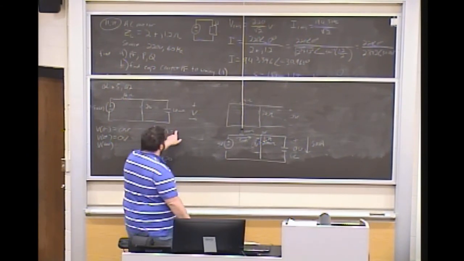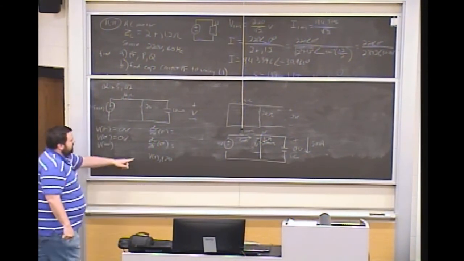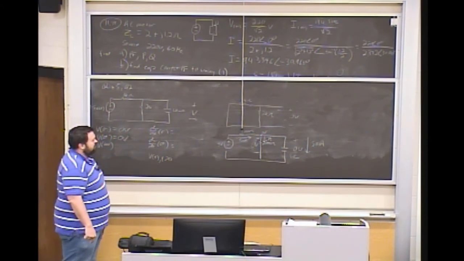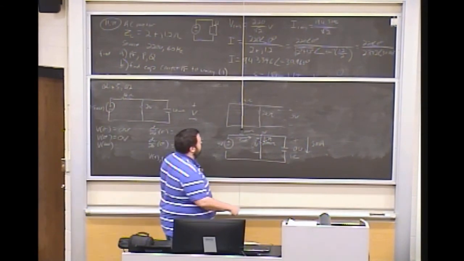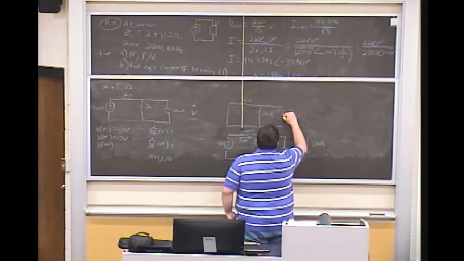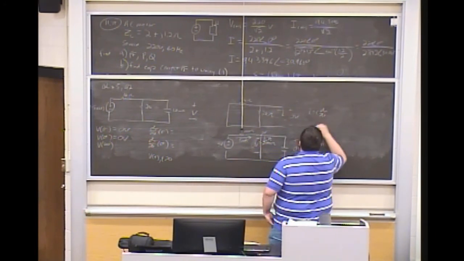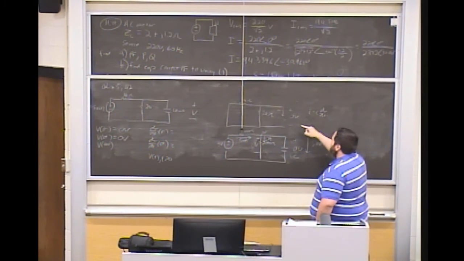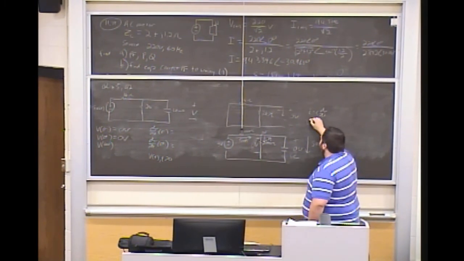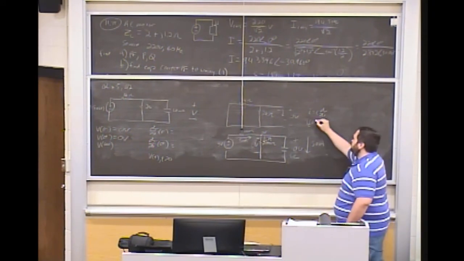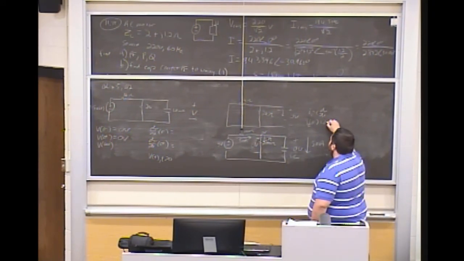Well, let's do this one first. dV/dt tells us something about the current that's flowing here. Remember, I equals C dV/dt. And at 0 minus, how much current do I have flowing through the capacitor? 0 amps.